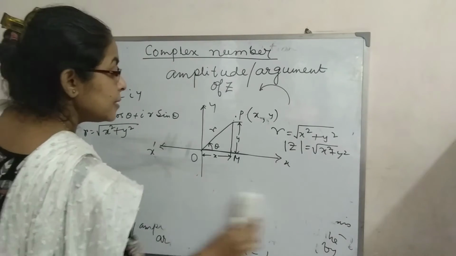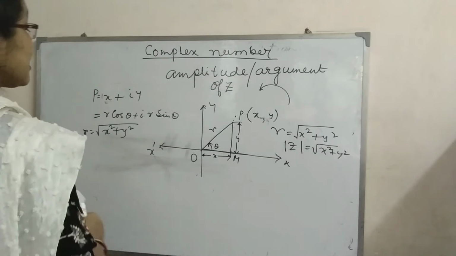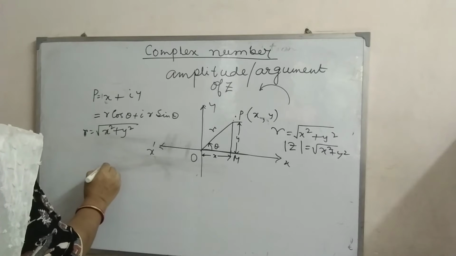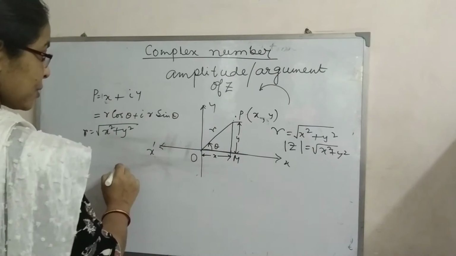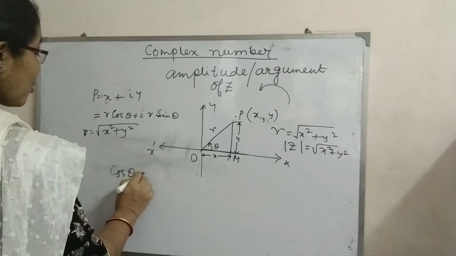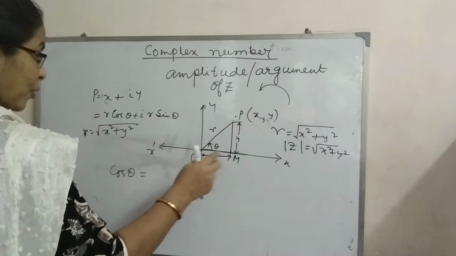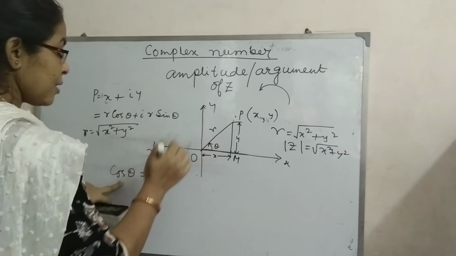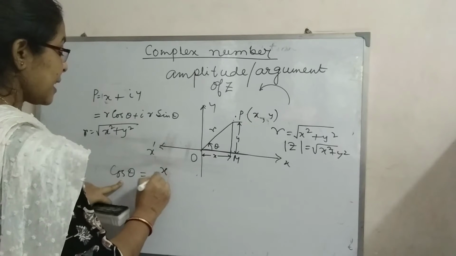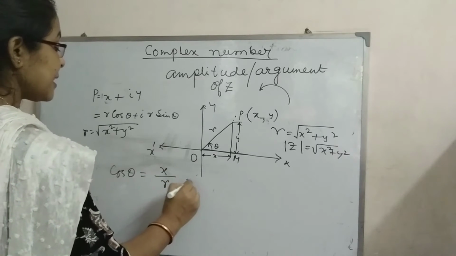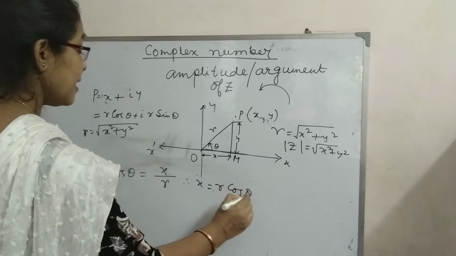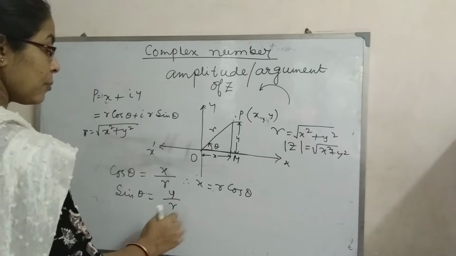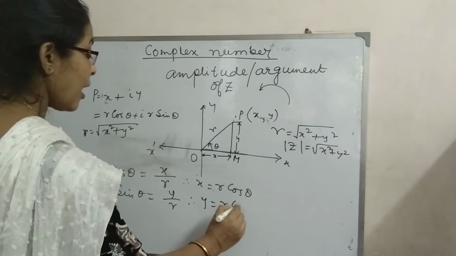And you see it, r equal to root over x square plus y square, and from here I will get cos theta equal to base by hypotenuse, that means x by r, that is x equal to r cos theta, and sin theta equal to y by r, that is perpendicular by hypotenuse, that is y equal to r sin theta.